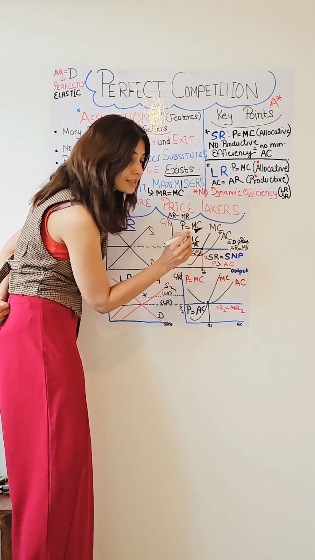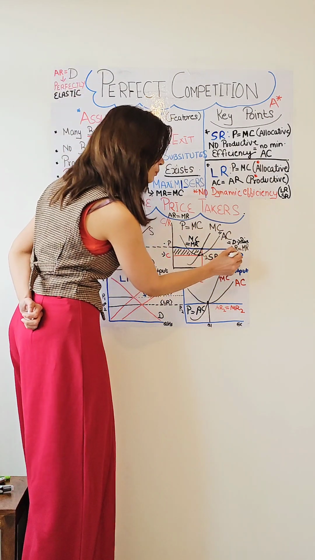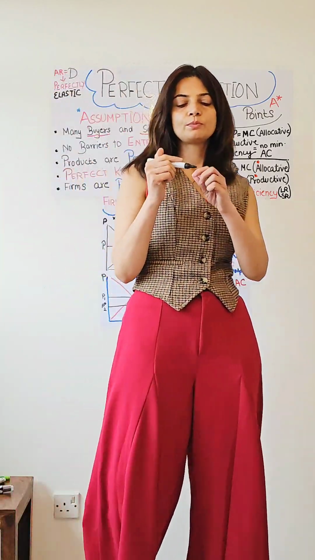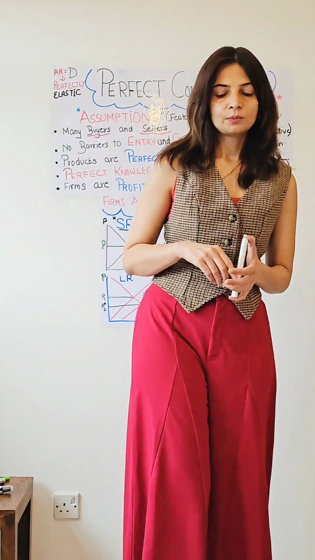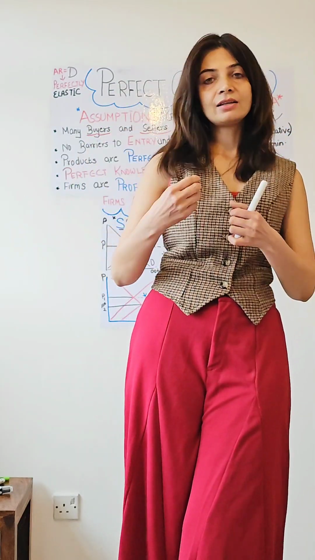Therefore, under the short run time period, the businesses are making supernormal profit. So that was about the short run. Now, the assumption of businesses being profit maximizers is quite important. And how do we now change this short run to the long run scenario? We'll go back again to the profit maximization objective.